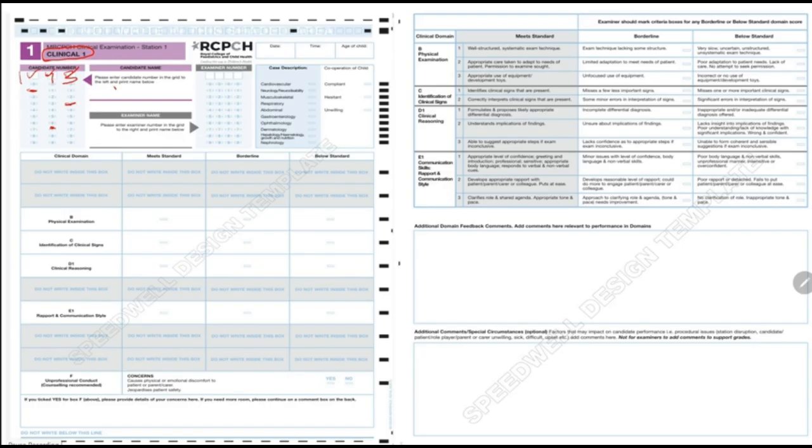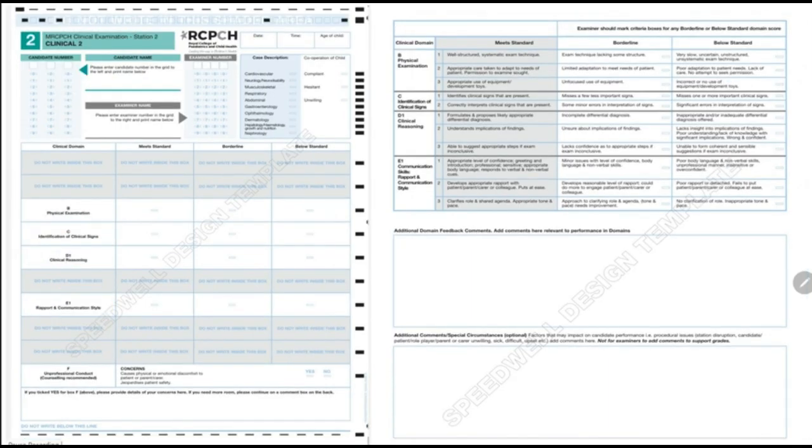Write the candidate's number here and the date, time like AM or PM, morning or afternoon session, and the candidate will be given marks in the domains B, C, D1 and D2. Total 8 marks for this station.